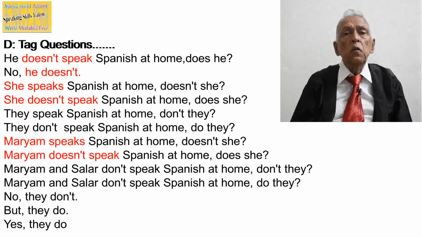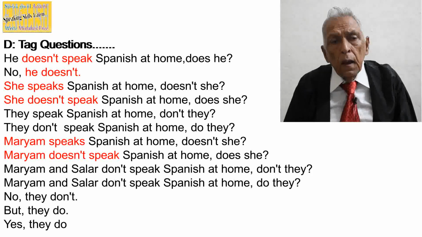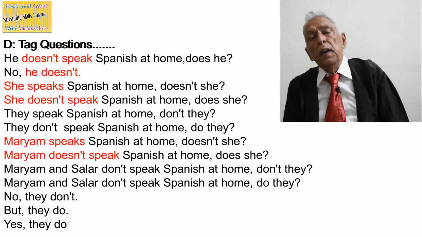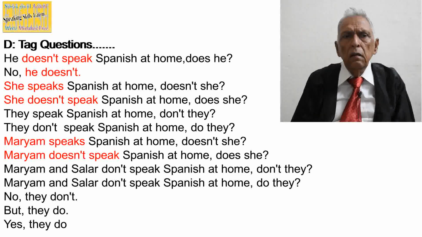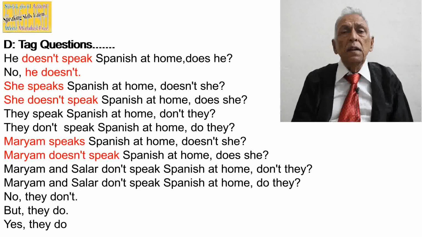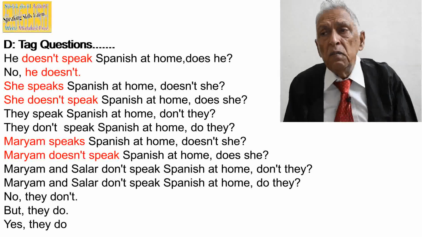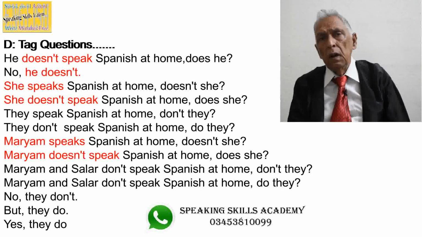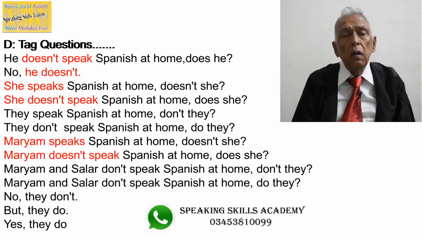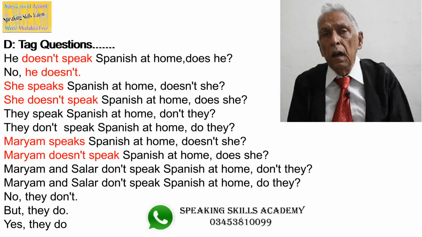And then we come to names. Mariam speaks Spanish at home, doesn't she? Yes, she does. Mariam doesn't speak Spanish at home, does she? No, she doesn't. And then we go to Mariam and Salar.